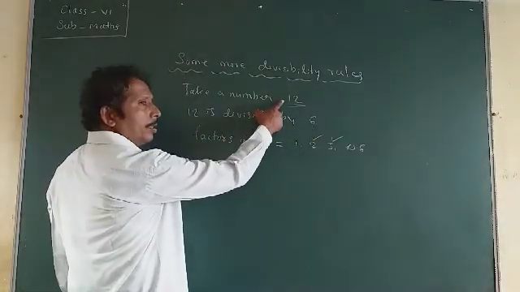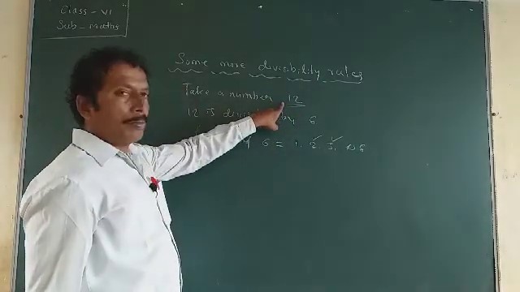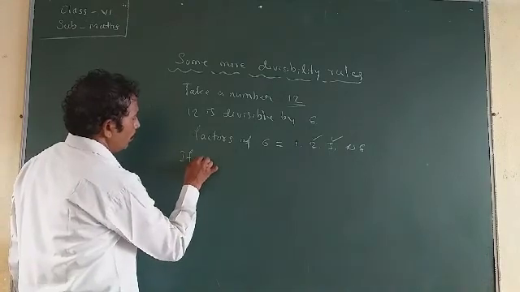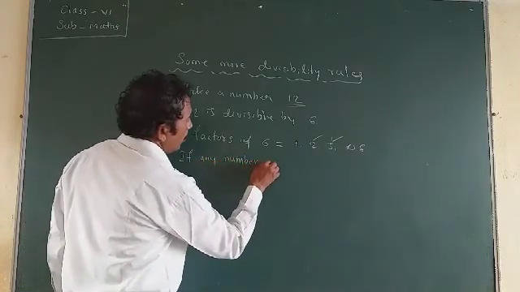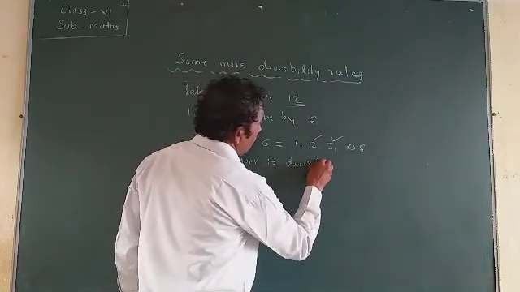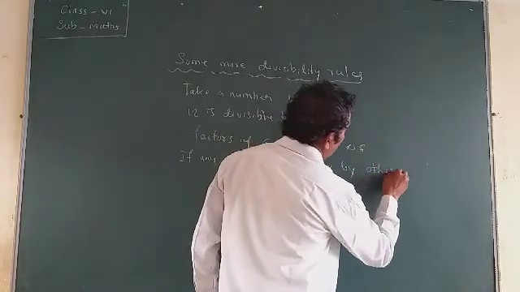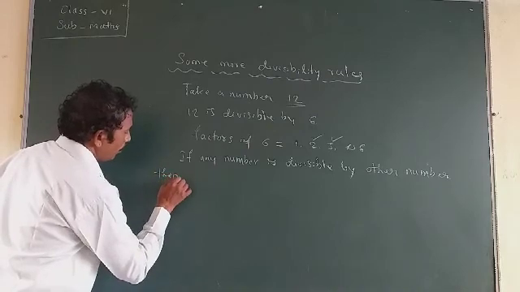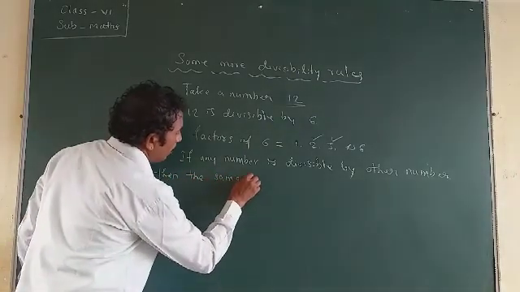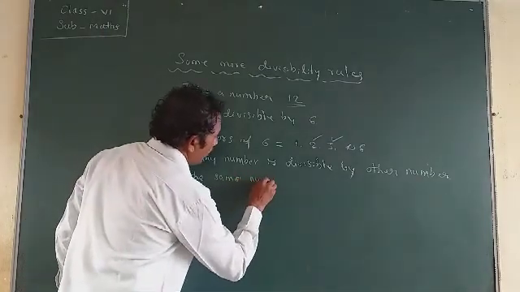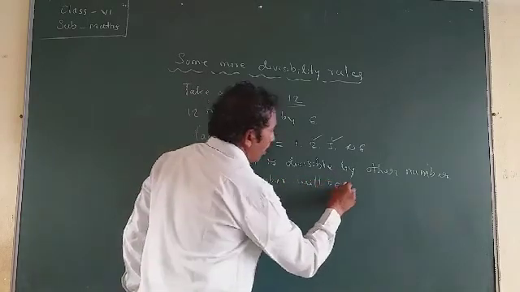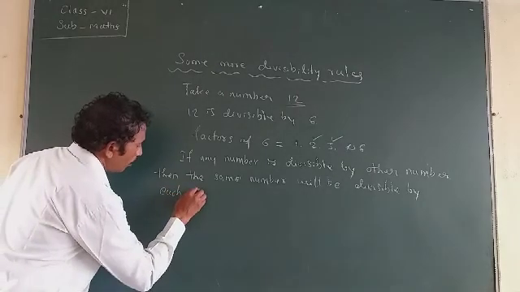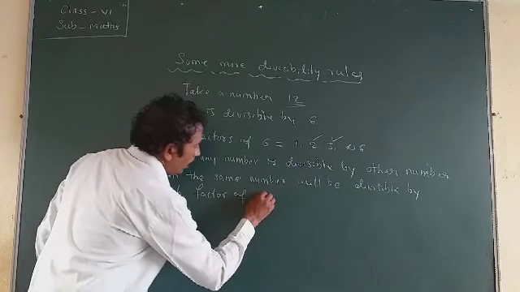So if any number is divisible by another number, then the same number will be divisible by each factor of that number.